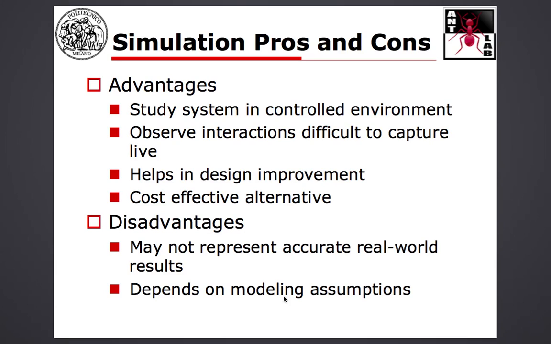While if we encounter a problem in simulation, we know the parameters under which it was encountered, so we can try to reproduce the problem many times to see whether we can find a solution. Something that in real life may be difficult to achieve. And this is a very cost-effective alternative to deploying our system in real life and testing it for maybe 1 year or so before actually spotting the problem.